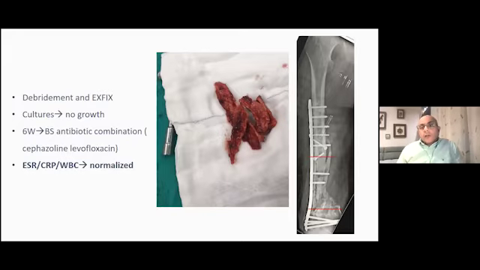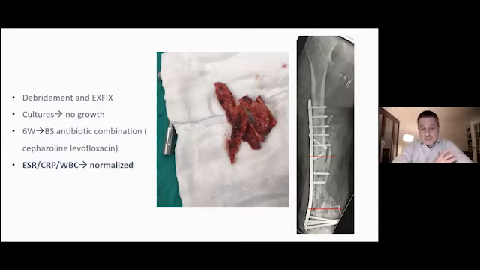Negative cultures are something that bothers us and put us in a place where we simply work blindly. So I need you in a nutshell to tell us what the surgeon can do from his side to avoid having negative cultures.